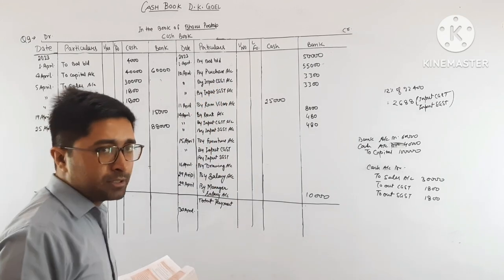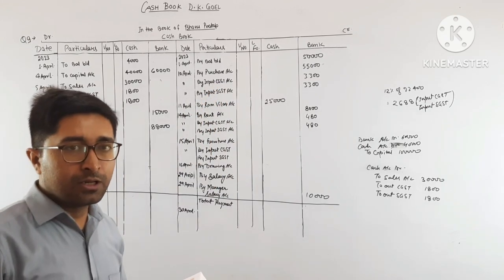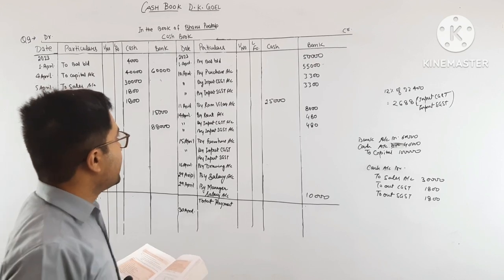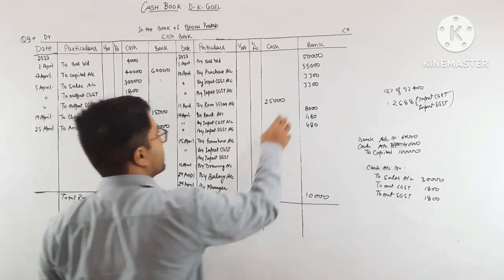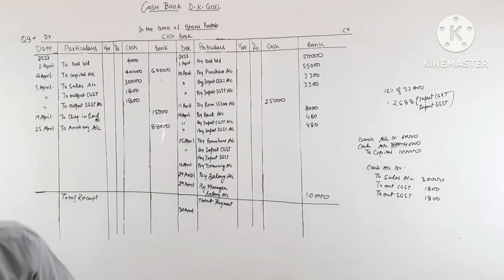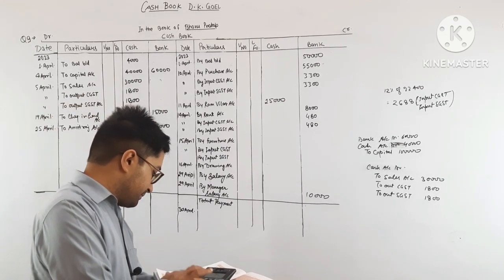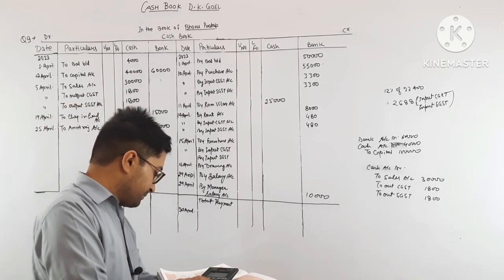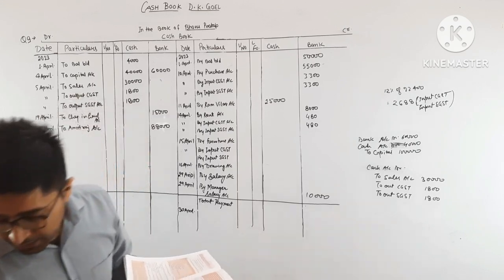Whenever we purchase something, we pay the input CGST or input SGST. And 6% of 55,000 is 3,300.